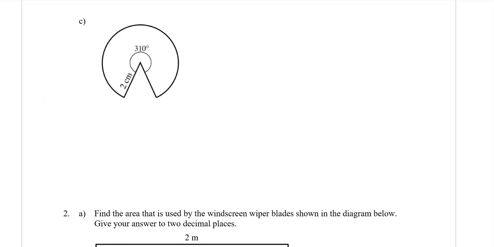Part C is still a sector. It's just a very large sector. So we're going to write our formula down again. A equals theta over 360 times pi r squared. The theta is the 310 and the radius is 2.